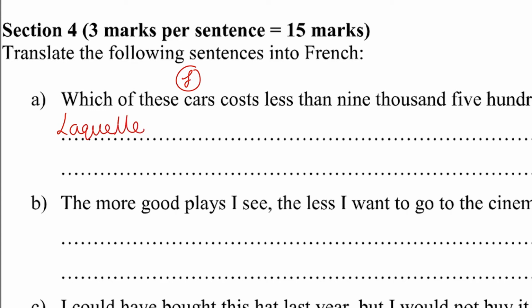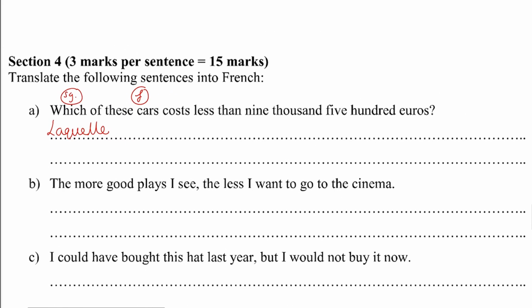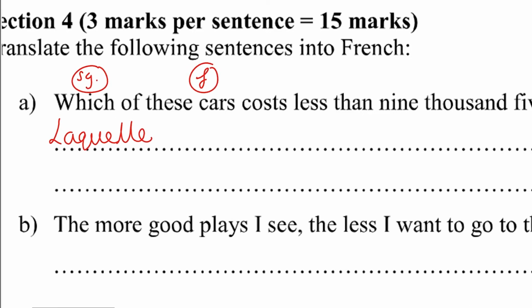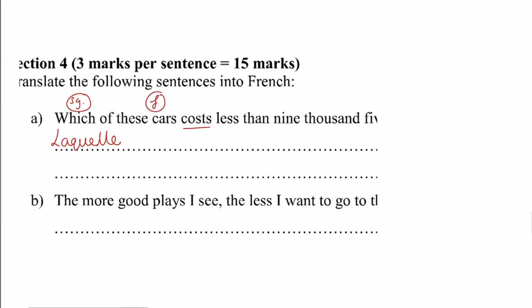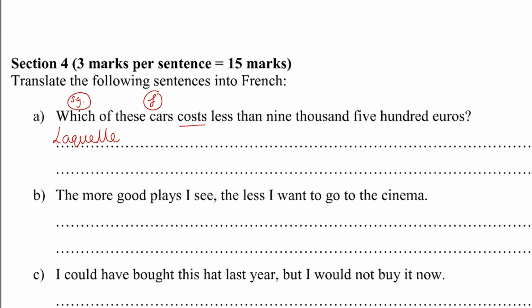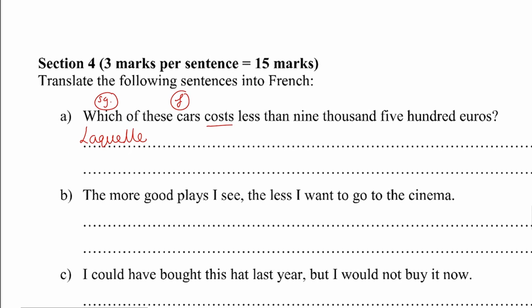Sorry, the plurality of cars has nothing to do with this. It's just because the which is obviously singular, because we know that cost is a singular verb. So the person is talking about just one car. It could have been which of these cars cost, in which case you would use lesquels because that would be plural. But there's just one of them.